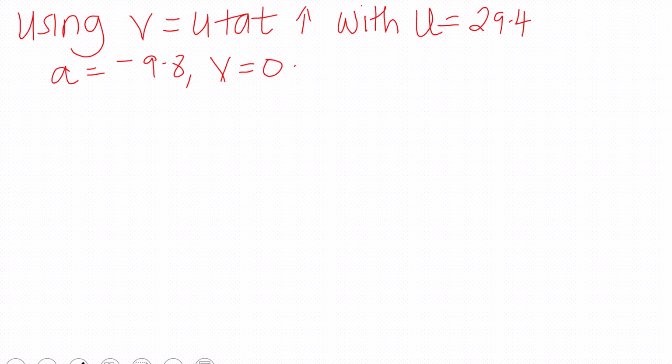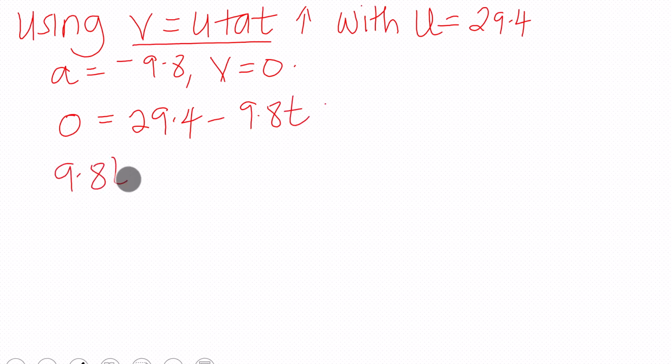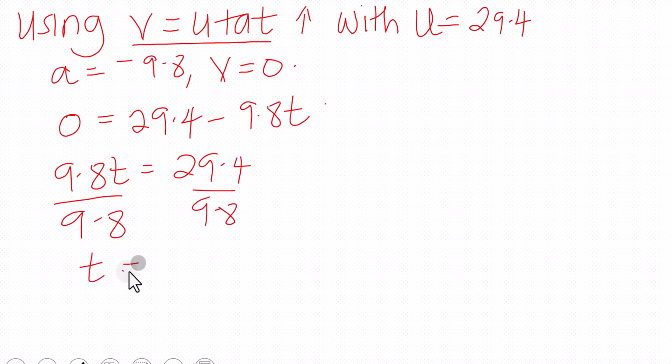Substituting, 0 equals 29.4 minus 9.8t. If you bring 9.8t here, you will have 29.4, and when you divide by 9.8, you will have t equal to 3 seconds. I think you can see how simple life is.